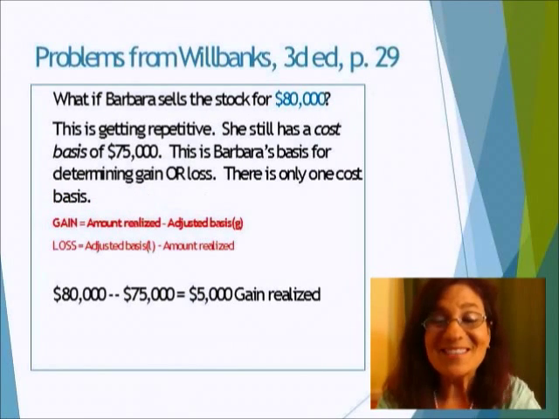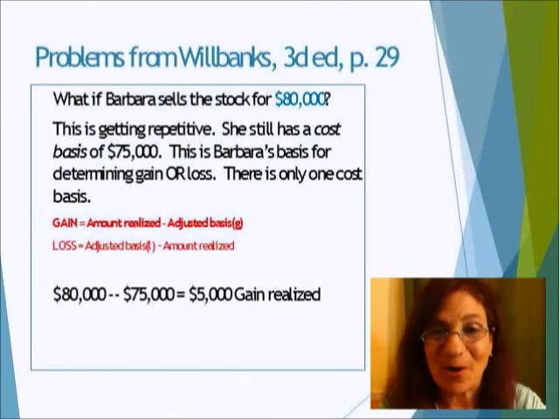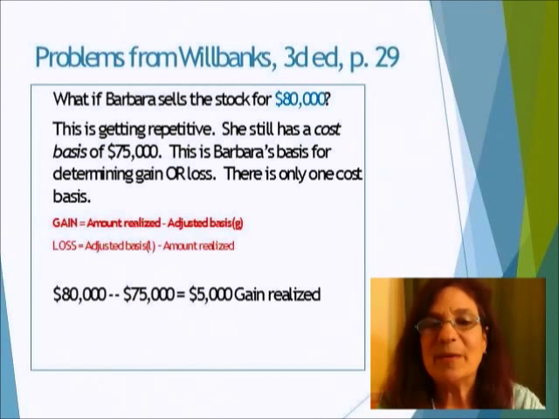What if Barbara sells the stock for $80,000? Okay, I'm getting tired of this problem. Barbara's basis is a cost basis of $75,000. It's the same whether we're determining gain or loss. And so in this case, it's a little gain, $80,000 amount realized minus $75,000 basis.